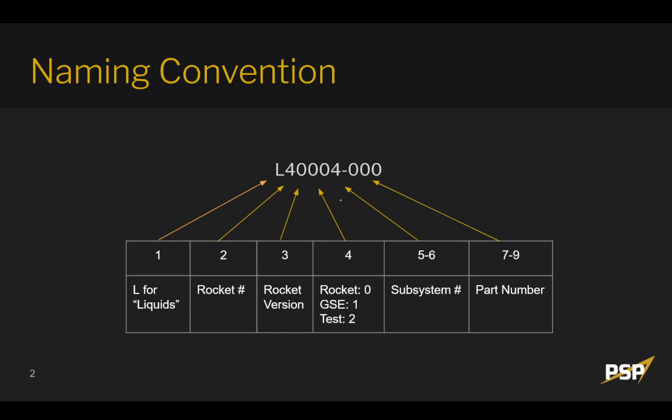So first off, I'm going to go through how we're going to do naming for Rocket 4. We use this string of alphanumerics. We use that for CMS as well, for both versions of CMS, and that's something we're going to be continuing for Rocket 4.